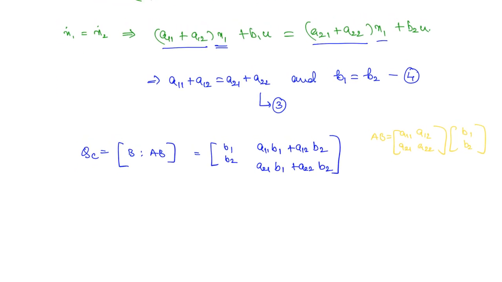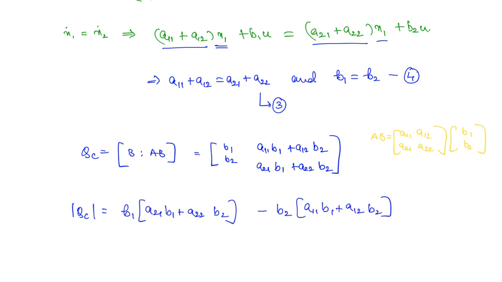Now what will be the determinant of this? Det QC is equal to B1 into (A21 B1 plus A22 B2) minus B2 into (A11 B1 plus A12 B2). Since B1 is equal to B2, you can take B1 squared common.